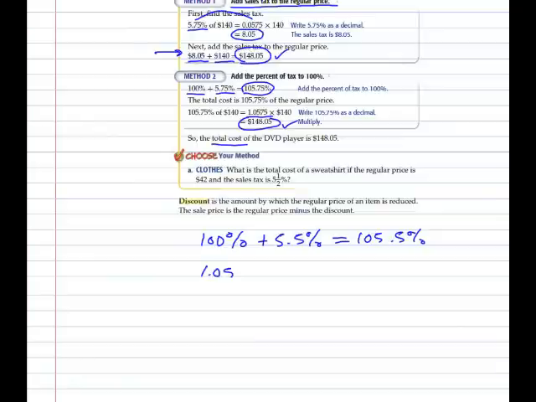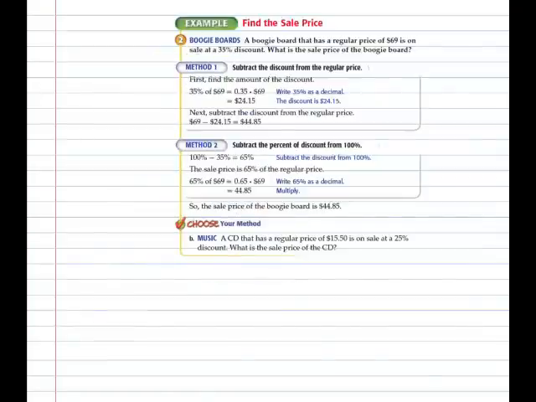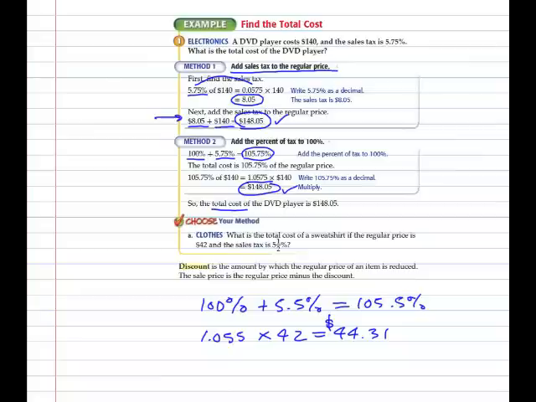I'm going to multiply that times 42. That's going to give me my total cost, which in fact is $44.31. Total cost, regular price plus the sales tax.